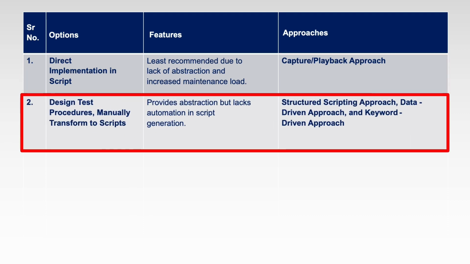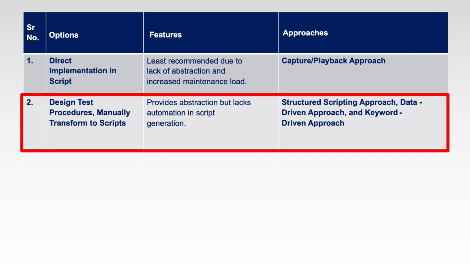The second option is that the test automation engineer designs test procedures and then transforms them into scripts manually by writing code for each test case. So test procedures are designed first and then transformed into test scripts. It provides abstraction but lacks automation in script generation.